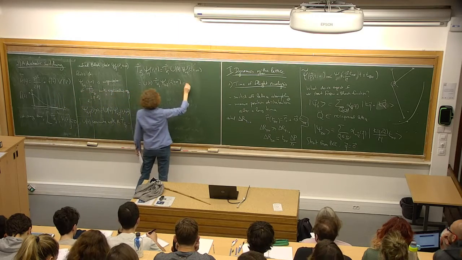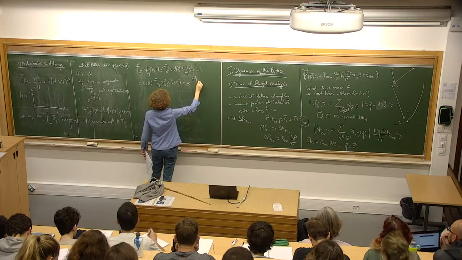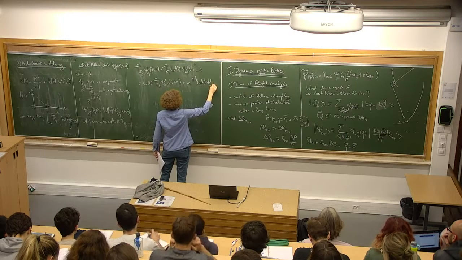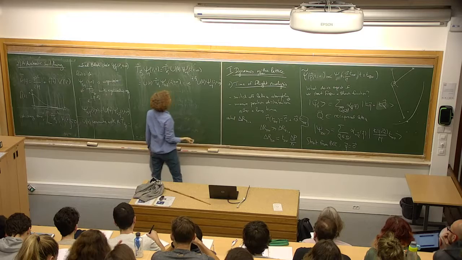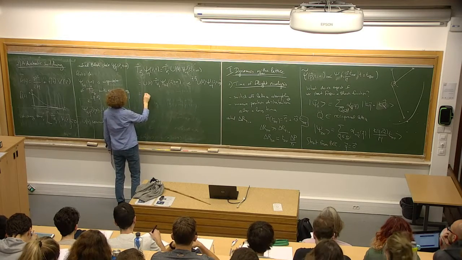So this is e to the i q aj U of t psi nq of r at t equals 0. But this is nothing but psi at time t.